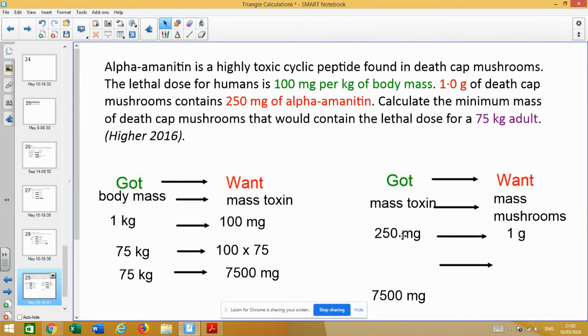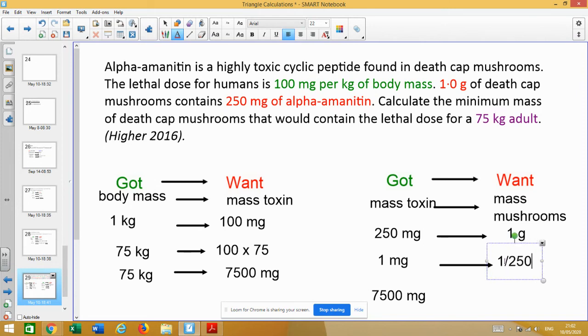So then we're going to go down to 1 here. So 1 milligram is going to be 1 divided by 250, which is going to be 0.004 grams of mushrooms.